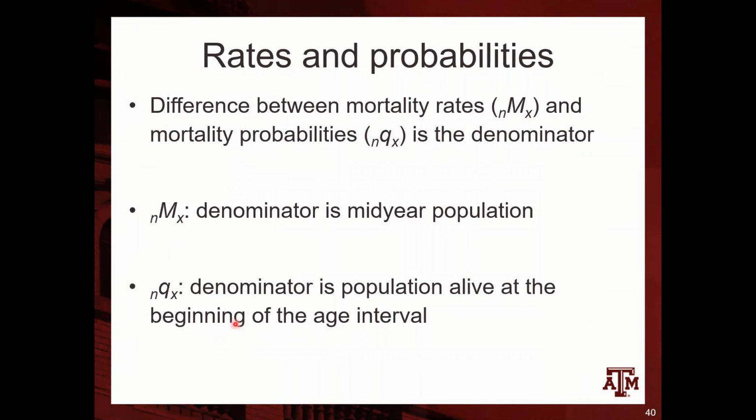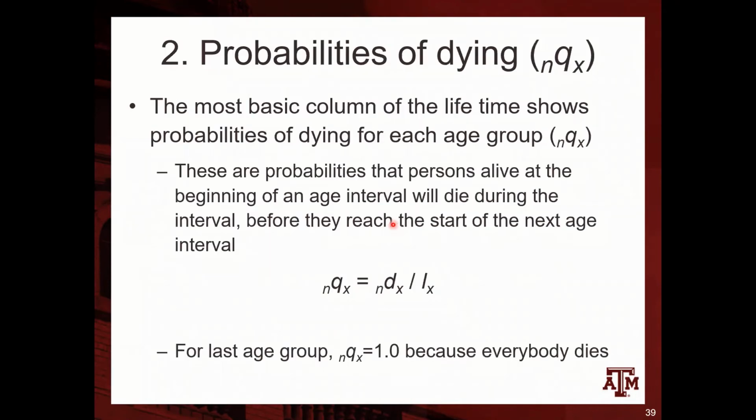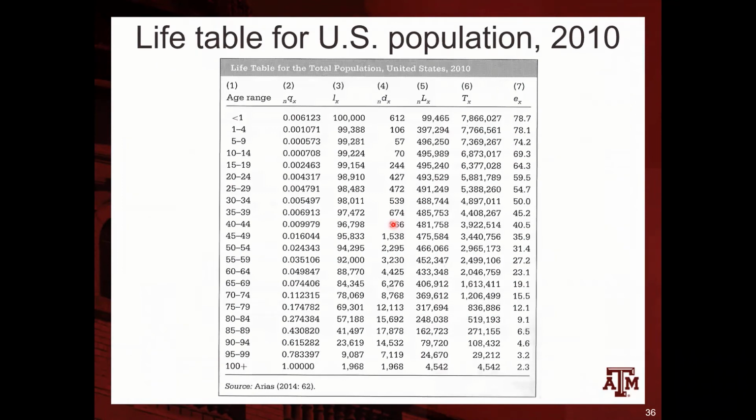The difference between the mortality rates, the MXN, and the mortality probabilities is the denominator. Remember, for rates, the denominator is the number of person-years. We saw before that an approximation to that is the population in the middle of the year. For the probability of dying, the denominator is the population alive at the beginning of the age interval. Why do we need the probability?